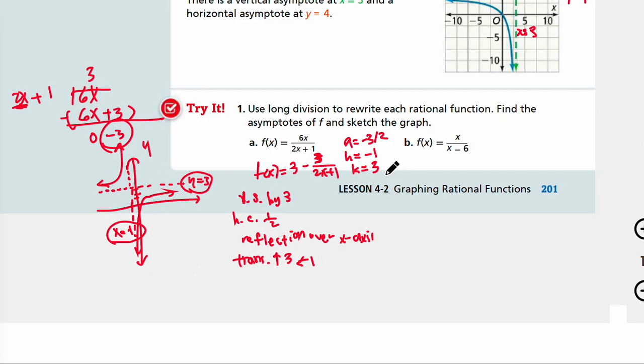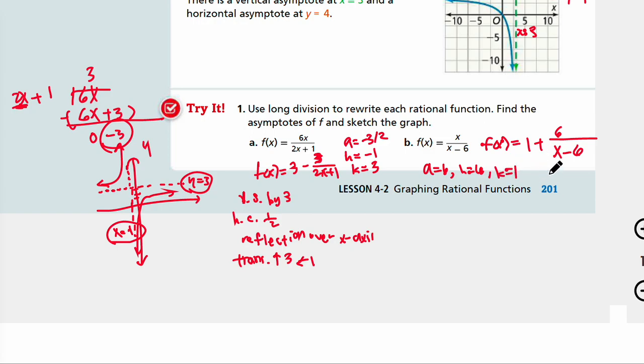And then part B, you do the same thing using long division. You will be able to figure out that this should have a quotient of 1 and a remainder of 6 over x minus 6. So here we can only look at 1a. a is 6, h is 6, and k is 1.